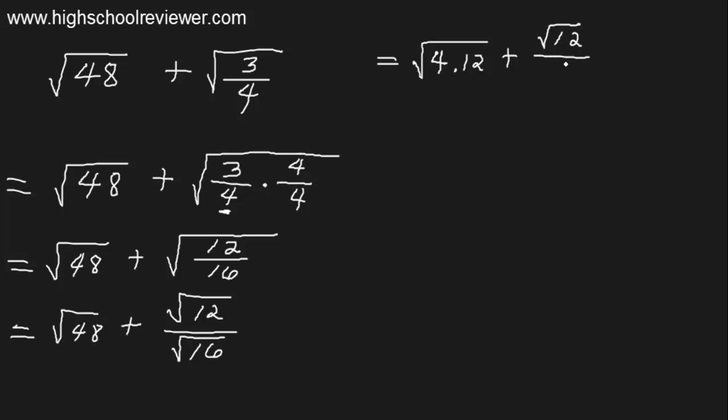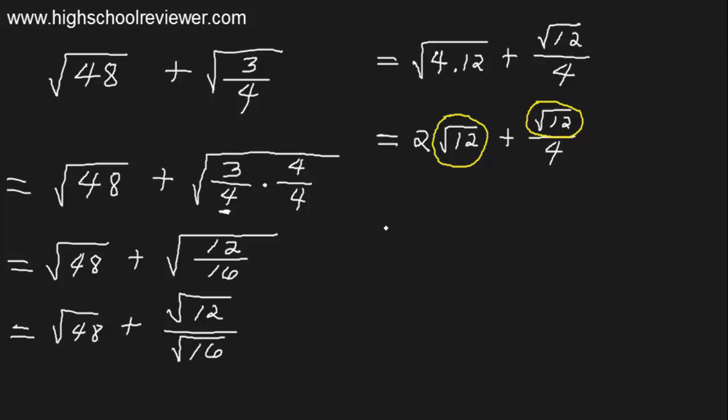All over square root of 16, that is 4. So square root of 4 is 2 times the square root of 12 plus the square root of 12 all over 4. Now, since square root of 12 is common between the two terms, we can factor that out.